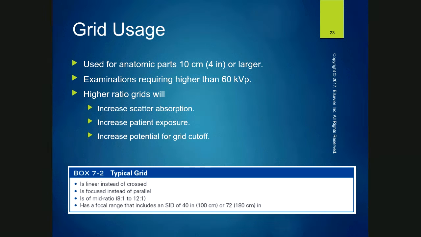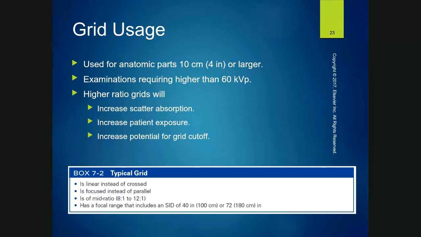But you're also going to increase your patient dose, because the x-rays are not being stopped before they get to the patient, but rather after. So they've already interacted with the person before the grid gets involved. And you have an increase in mAs because of the scatter control. Also, you have an increased potential for grid cutoff with the use of higher ratio grids.